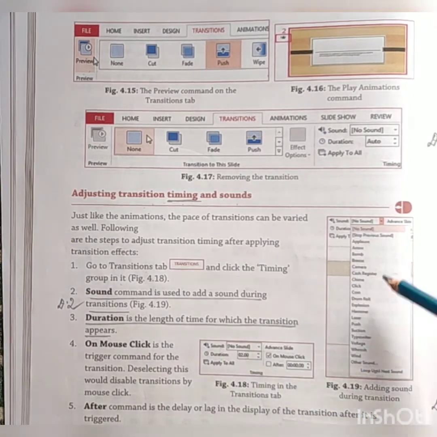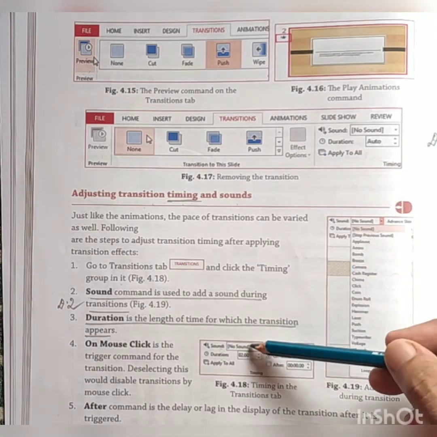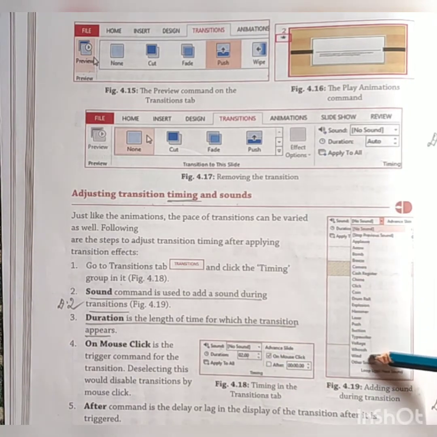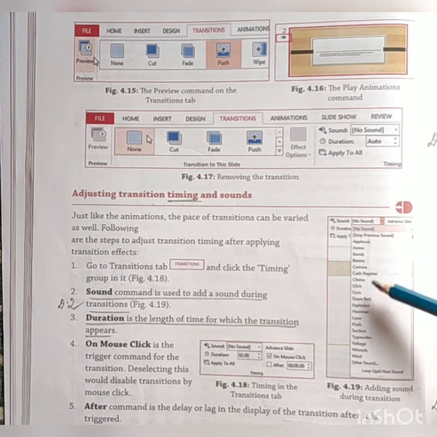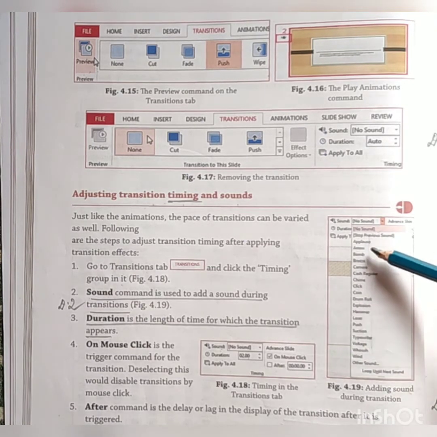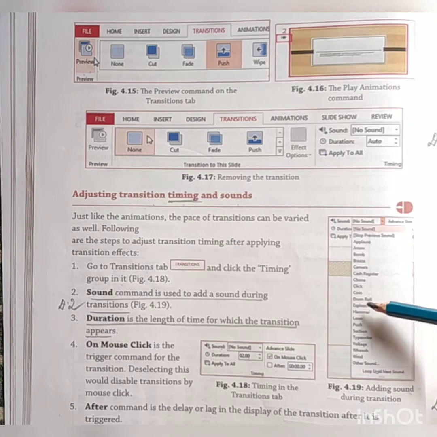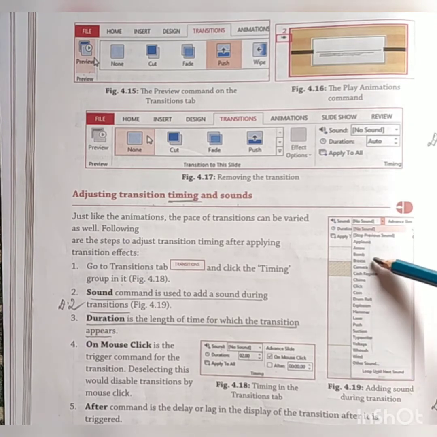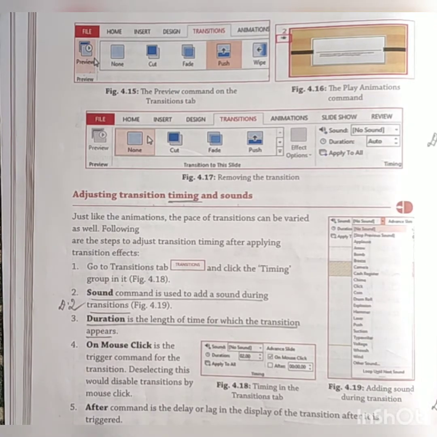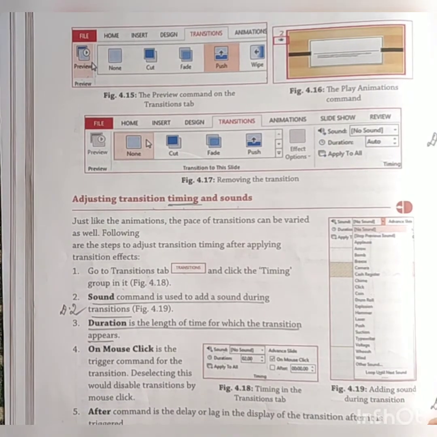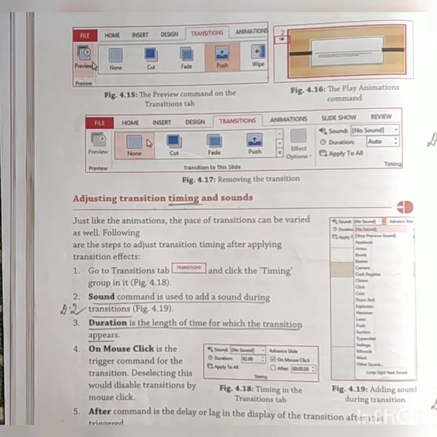Sound means, first it is given no sound. There are lots of sounds given. You can select any one: arrow, bomb, camera, cash register, click, coin, drum roll, explosion, hammer, laser, push. So these are different kinds of sounds. You can select and get the preview also, and select the one you like.